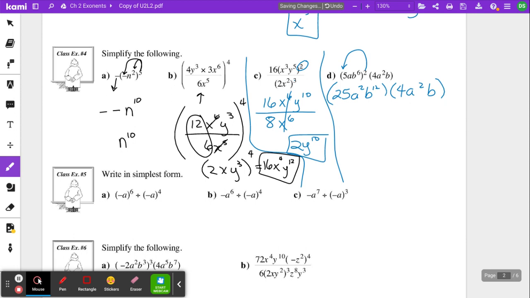I'm just applying that squared inside there. I don't think I've made a mistake yet. Tell me if I do. Now we're going to multiply those 2 brackets together. Final answer, Micah? 100 a to the 4 b to the 13. Excellent work. Okay, good.